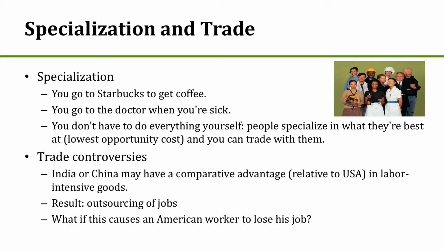So basically, Americans are losing the potential jobs. Or let's say, hypothetically, Apple created its first factory in the US, and then decided to move to China for the production process because the labor cost is really cheap. And the workers in that factory are going to lose their jobs. That's why outsourcing of jobs might be a problem.